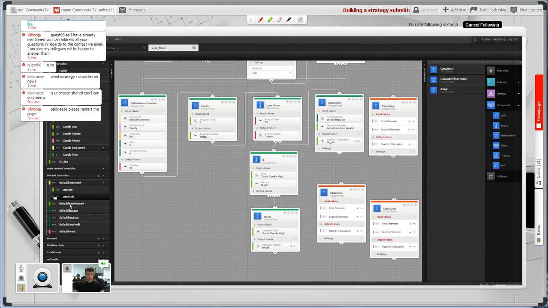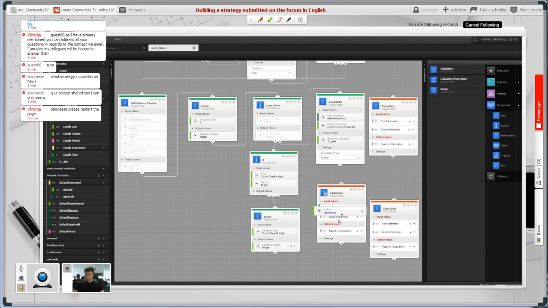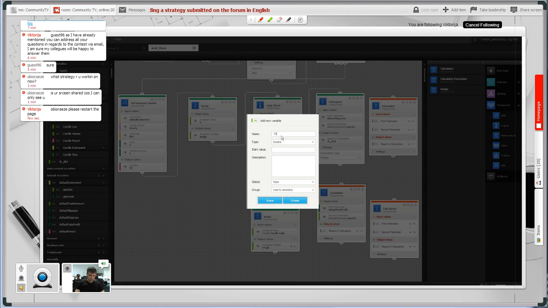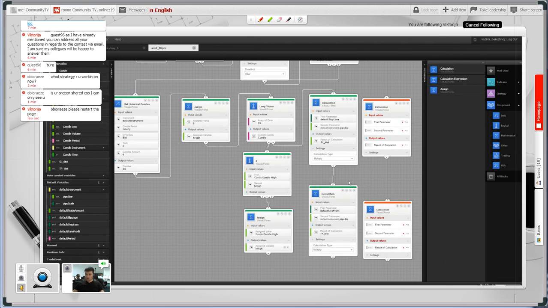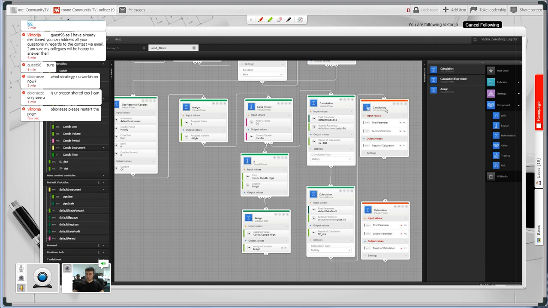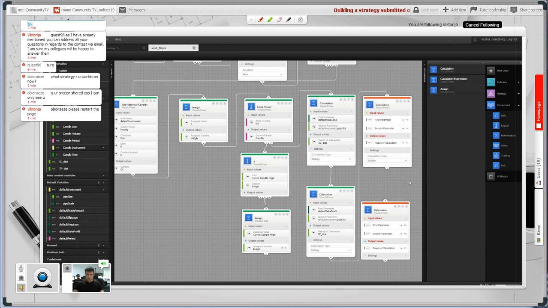Okay, back to take profit. I forgot to check. Here we multiply. Stop loss, take profit. Here we got take profit distance, also by multiplying. And in the next calculation blocks, we assign the actual level of the stop loss and take profit. We just add it to the highest high.